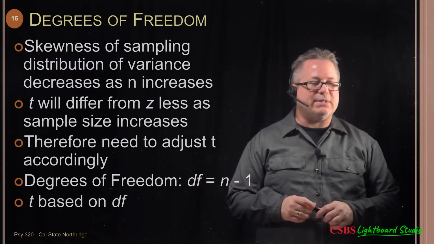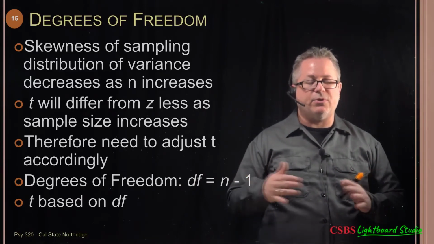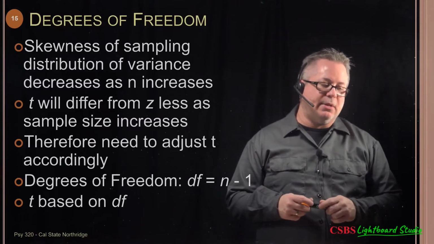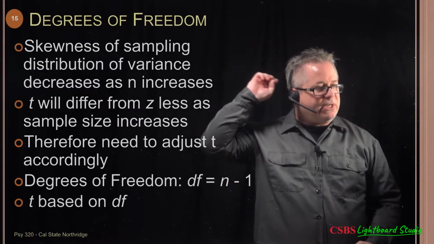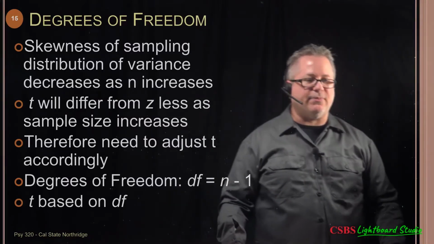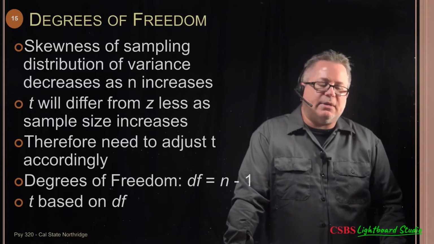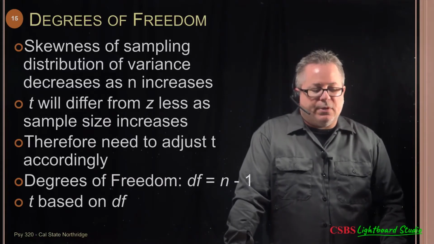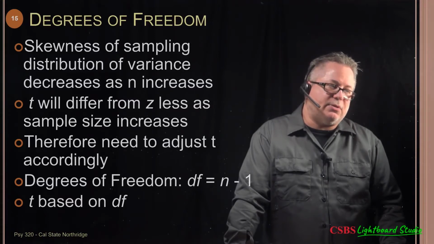As n increases, it starts to even out, and you're going to under- and overestimate about the same amount of time. So as n increases, you need to do less adjustment. T will differ from Z less as sample size increases, because the underestimation of the population variance becomes less and less as n gets bigger.